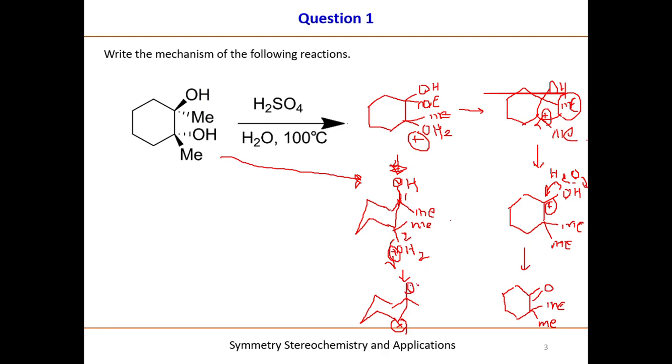Now whenever we observe elimination, when H2O is getting eliminated, what will happen? The bond which is trans to this OH will be the breaking bond. That means the bond which is trans to the OH group will break. So here you can see that trans to the OH group is a hydroxy group. So the hydroxy group cannot be migrated. So in this case, the methyl group can migrate.